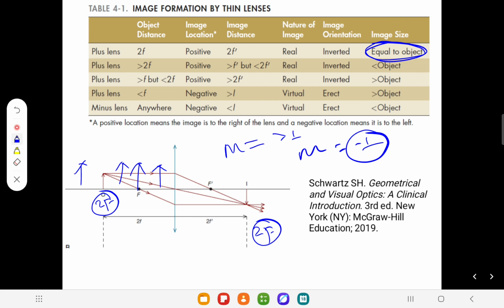But no matter what, after 2f, closer to the lens, when we put the object here, the image will be magnified. So what 2f signifies in the optical system of a plus lens is the point from where the game changes. Which kind of game? The image will be larger. That's a very important game.